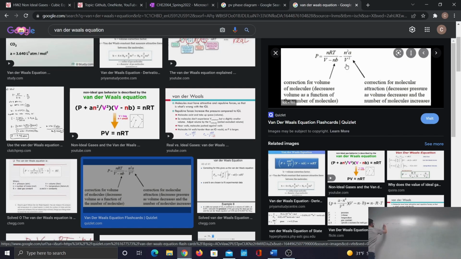So the one we're working with is P times little v, pressure times specific volume, equals R times the temperature. That means the van der Waals equation actually reduces to pressure equals R times the temperature over little v, specific volume, minus B, all minus, moles cancel out, so it's just A over specific volume squared.